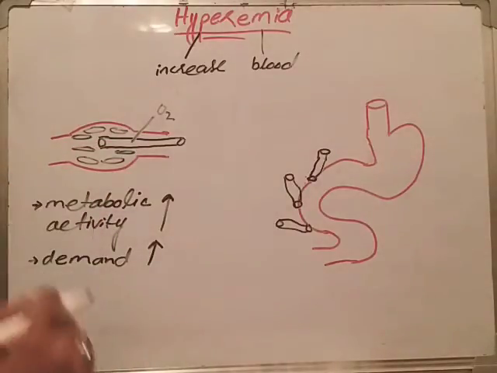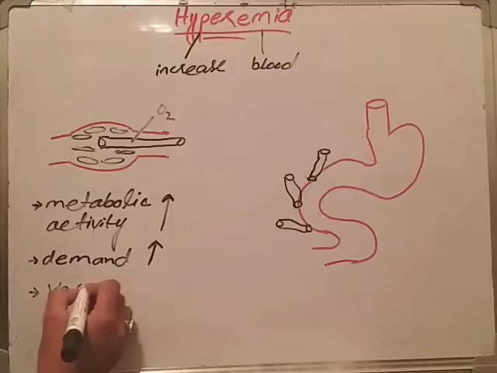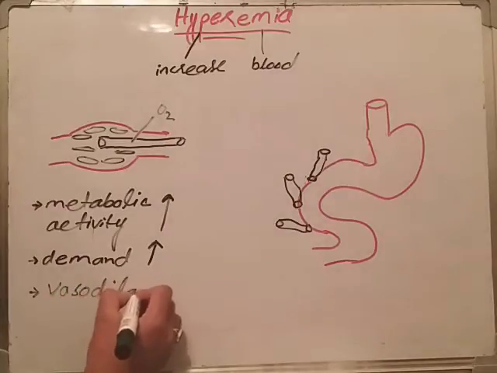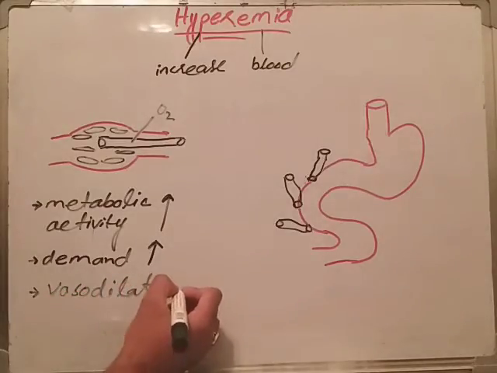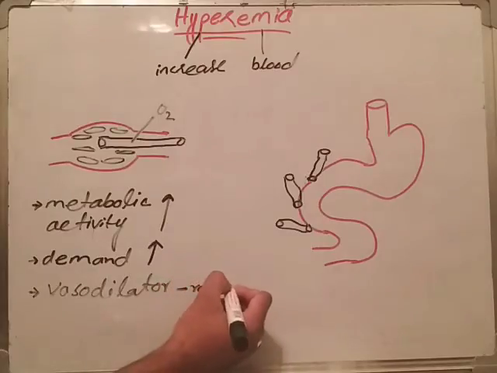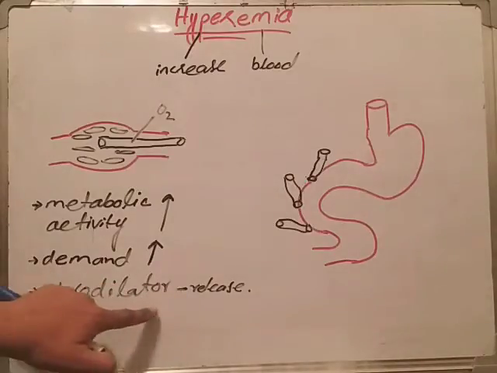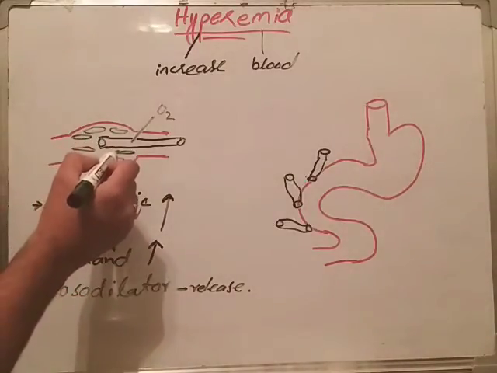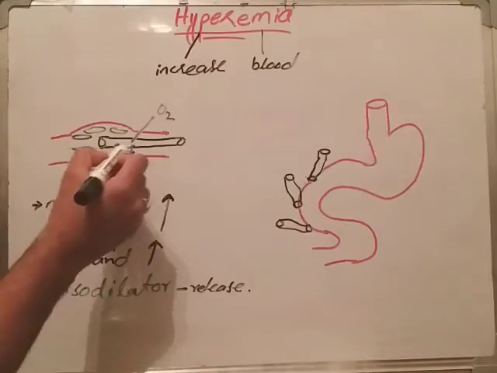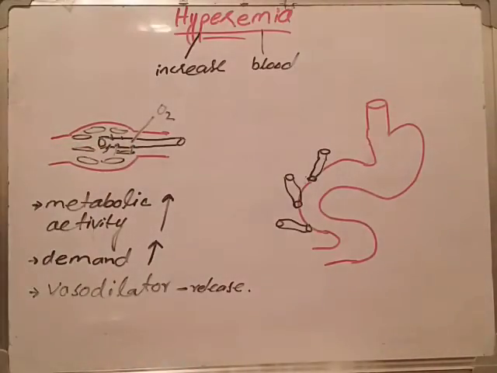So in this case, certain vasodilators are released. Vasodilators are released by muscle cells and endothelial cells. These vasodilators act on the endothelial cells and cause vasodilation.